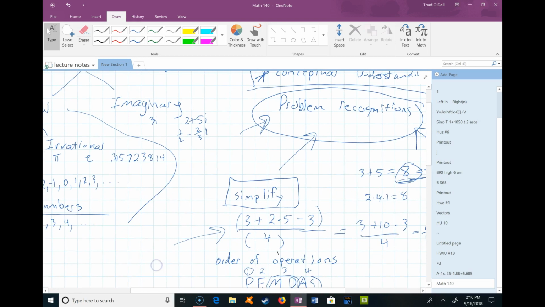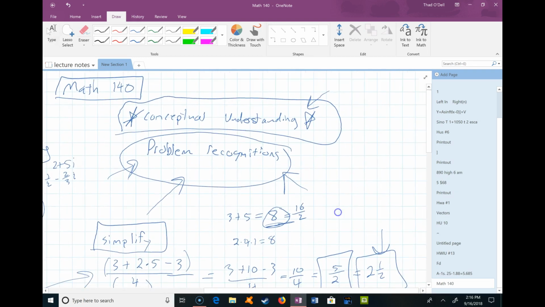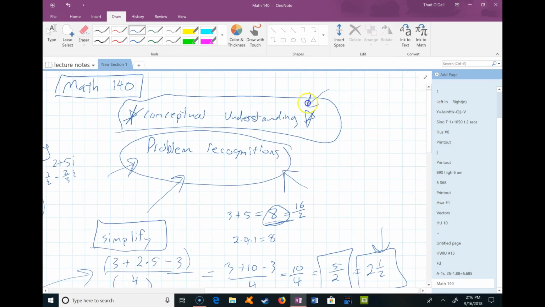Again, the emphasis is some of you already have a conceptual understanding. That's the way you approach math. And some of you don't. Some of you are still really just going by taking furious notes and memorizing problems, the way they look and what to do with them.